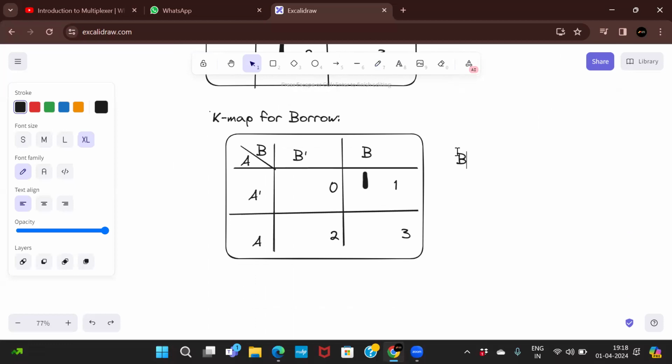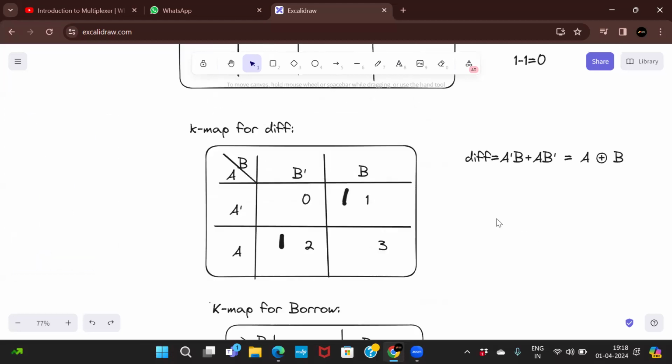What will be the expression for borrow? A bar B. Yes, borrow equals A bar B.